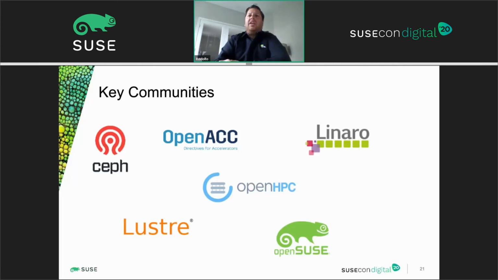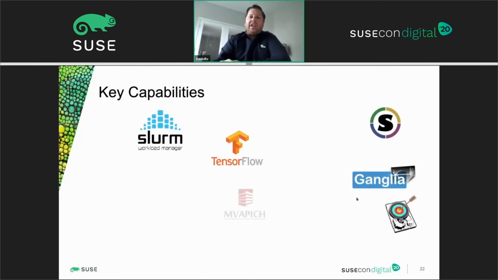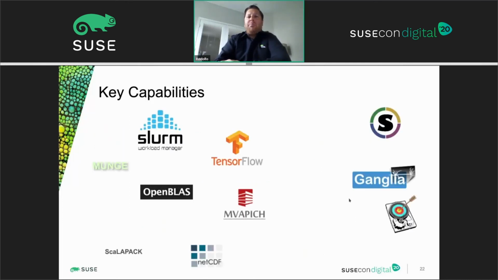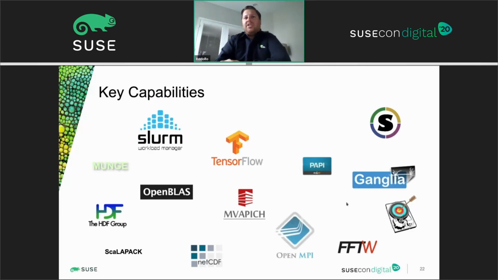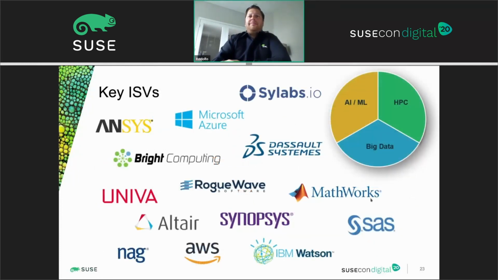So we're deeply embedded with them, working with various workload managers from third-party vendors like Bright Computing, Univa, and Altair. Additionally, we've been working alongside Sylabs to get support for the Singularity containers that we discussed today.